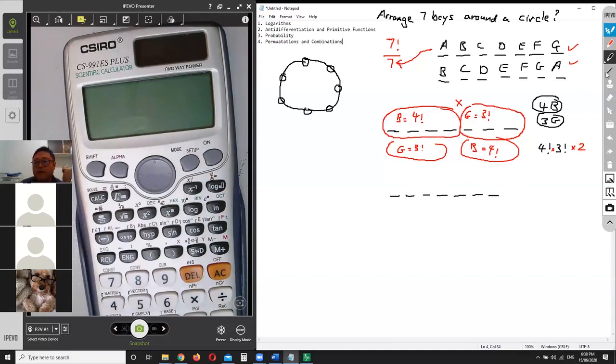And you have 4 boys and 3 girls. How many ways can we arrange 4 boys and 3 girls so that they're sitting alternately? They're alternating, right?